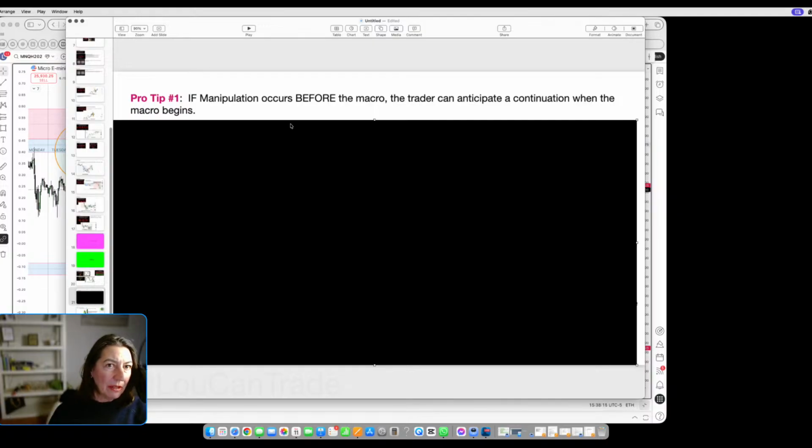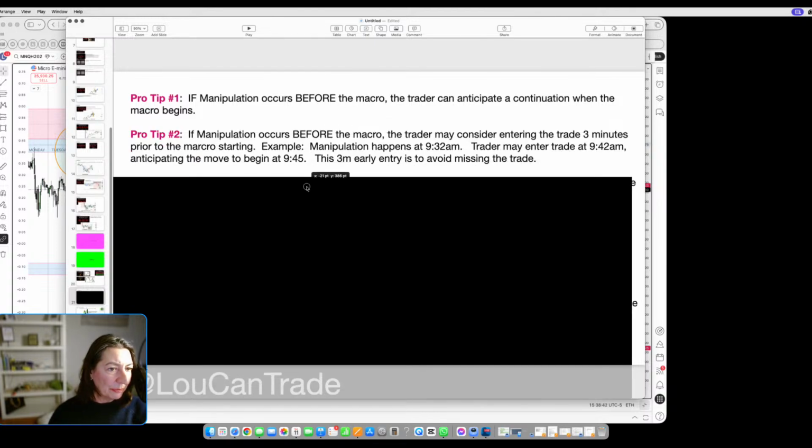An example of this was on Friday when I believe the manipulation was somewhere around 9:32, 9:35, somewhere around there. And then we saw the distribution happen around 10:08. So when we have clear manipulation happen before 9:30, then we can anticipate a continuation once that macro opens up.